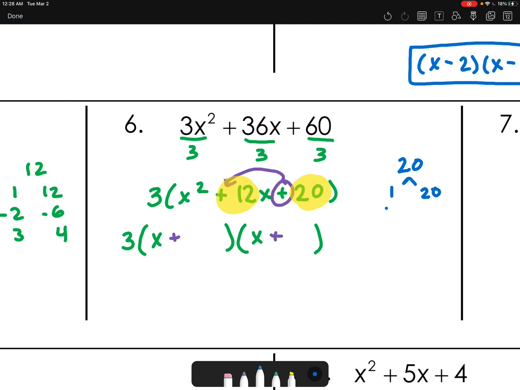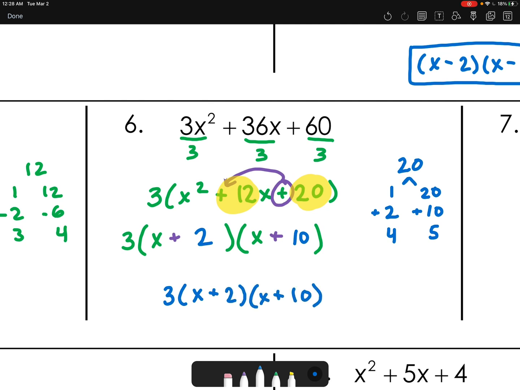So I have 1 and 20, 2 and 10, 4 and 5, and that's it. Which ones would add to 12? Positive 2 and positive 10. So I would have 2 and 10 in each spot, and my final answer would be 3 times x plus 2 times x plus 10.